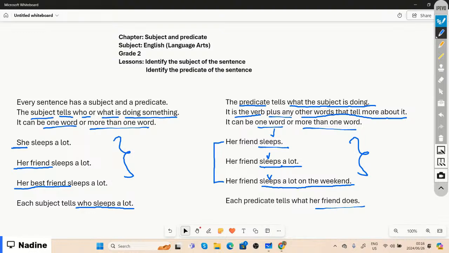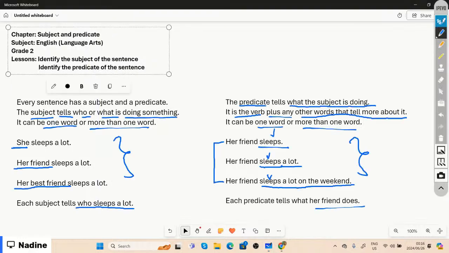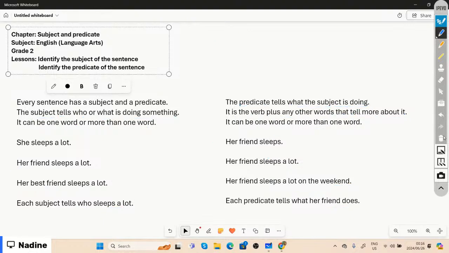If you were to say what you are currently doing, let's say, for example, we dance at the park.